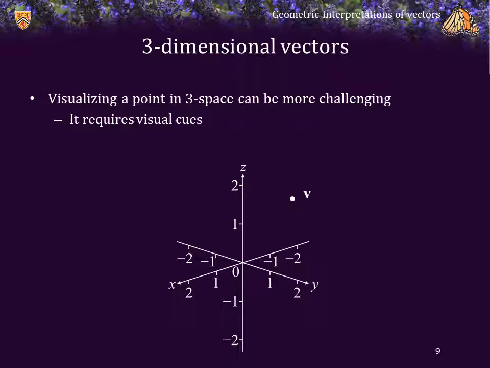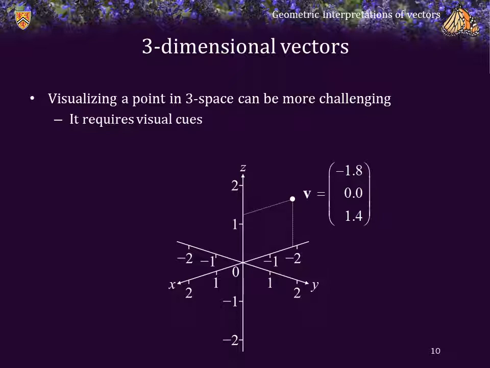Now, visualizing a point in 3 space can be a little bit more challenging than in 2 space, as it requires a few more visual cues. Here, for example, we see a vector v. Now, where in 3 space is this vector? Well, is it this point on the xz plane?